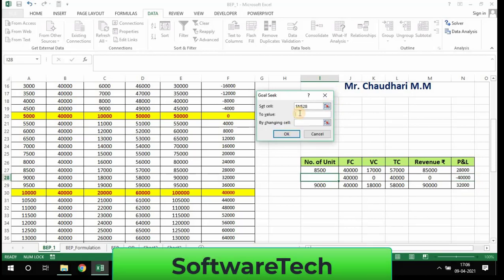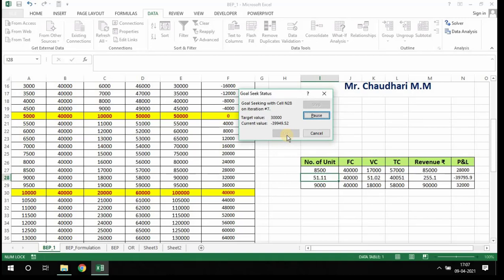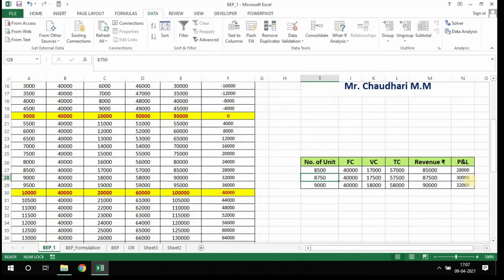What is the value required? 30,000. And by changing cell, where is the changing cell? This one, meaning how many units we have to sell. Click OK. Wait, sometimes it has to iterate a number of times. So total profit and loss is 30,000.